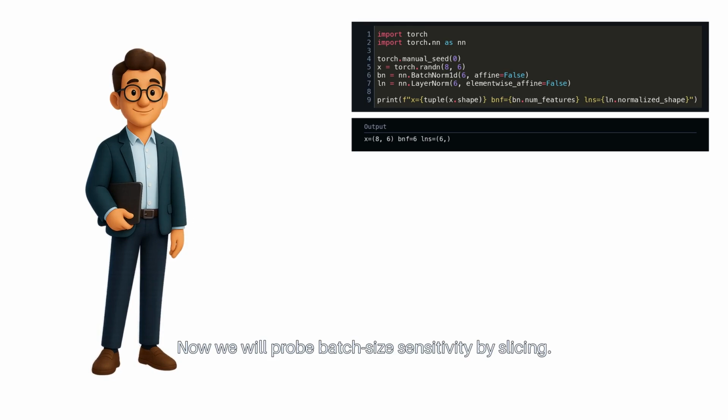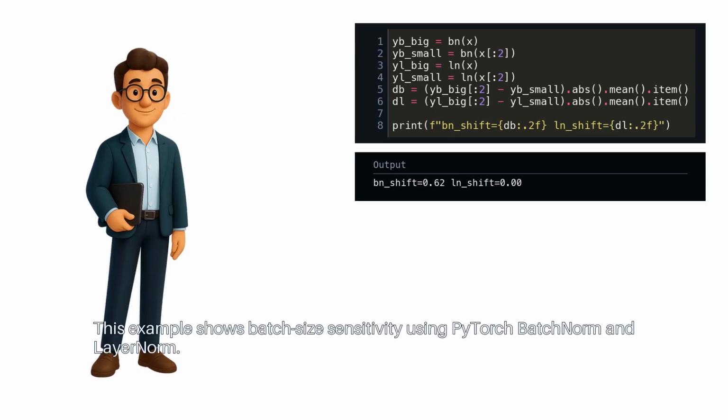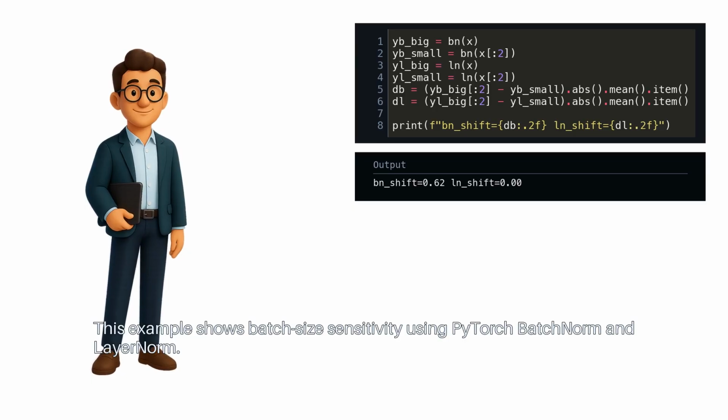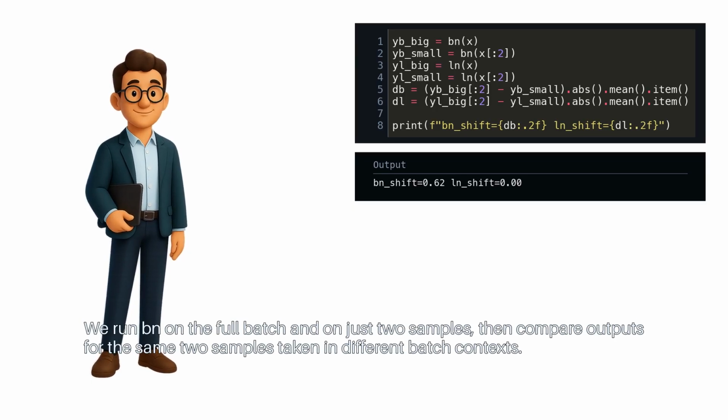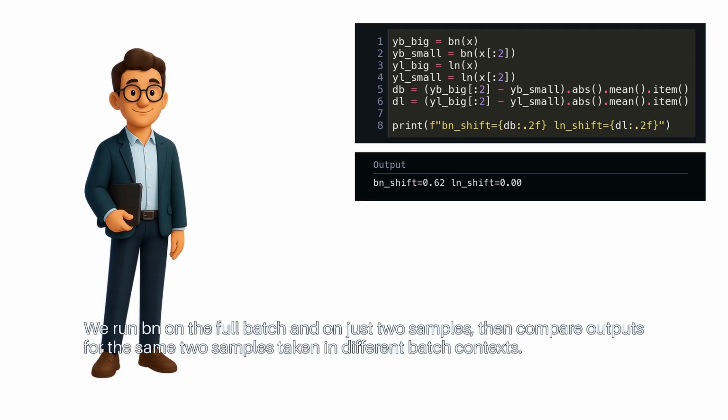Now we will probe batch size sensitivity by slicing. This example shows batch size sensitivity using PyTorch BatchNorm and LayerNorm. We run Bn on the full batch and on just 2 samples. Then compare outputs for the same 2 samples taken in different batch contexts.